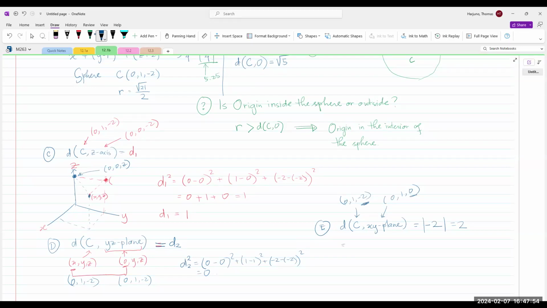You can also use the formula though, the difference of the x's plus the difference of the y's plus -2 minus 0 squared, right? Then d3 squared will be 4, therefore d3 equals 2.